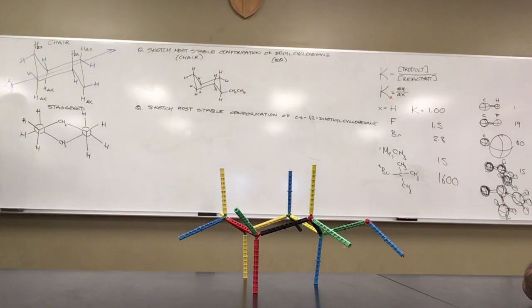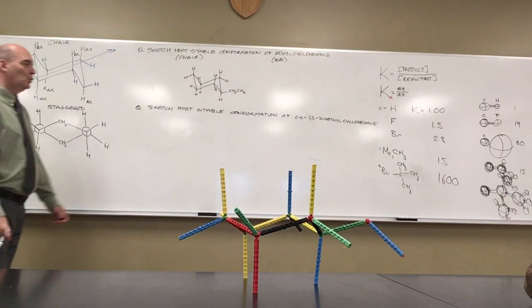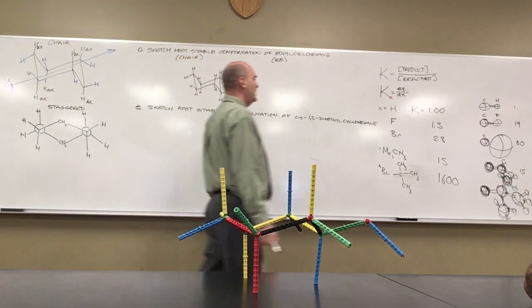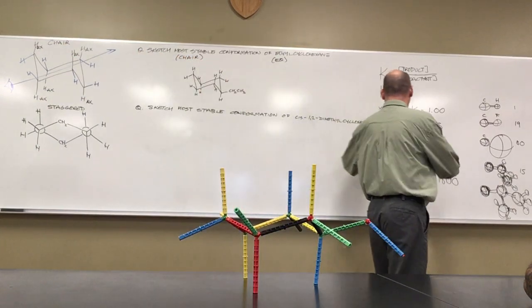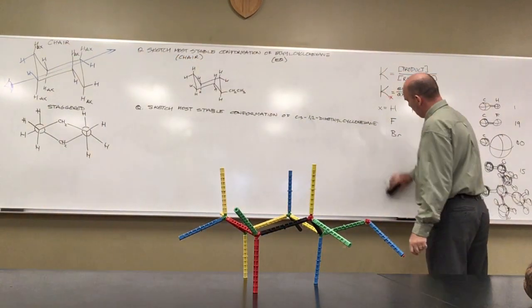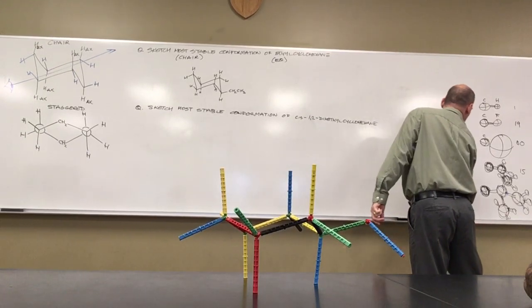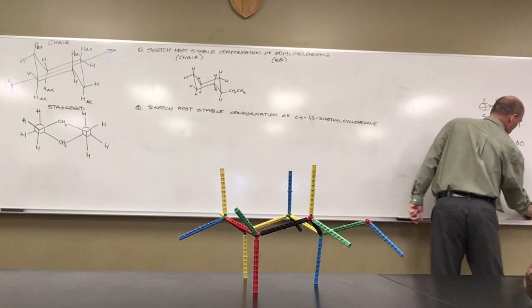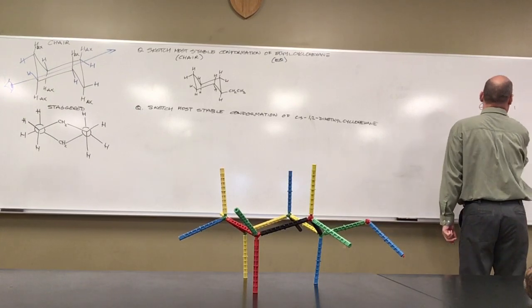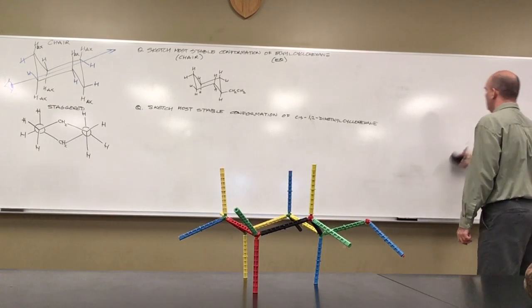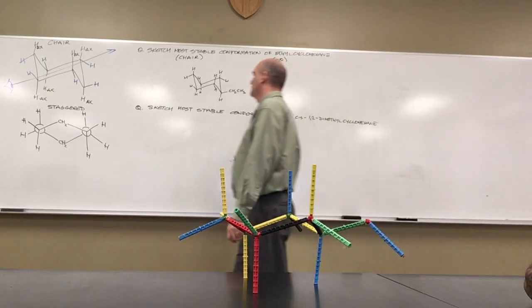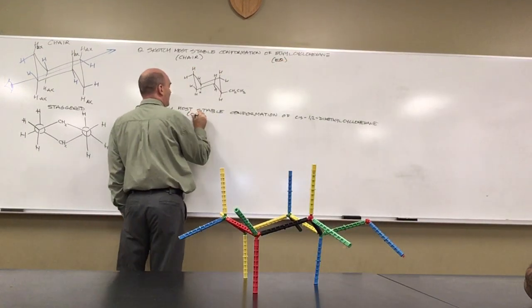Sketch the most stable conformation of cis 1,2-dimethyl cyclohexane. Okay. Question gives you all the information that you need. Most stable. Going to be there.